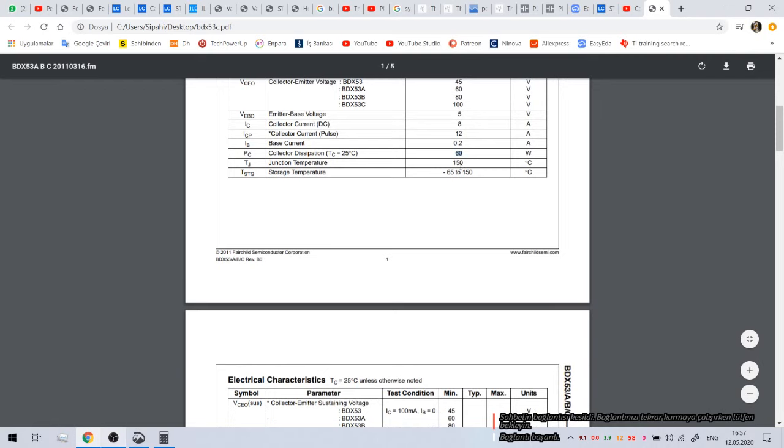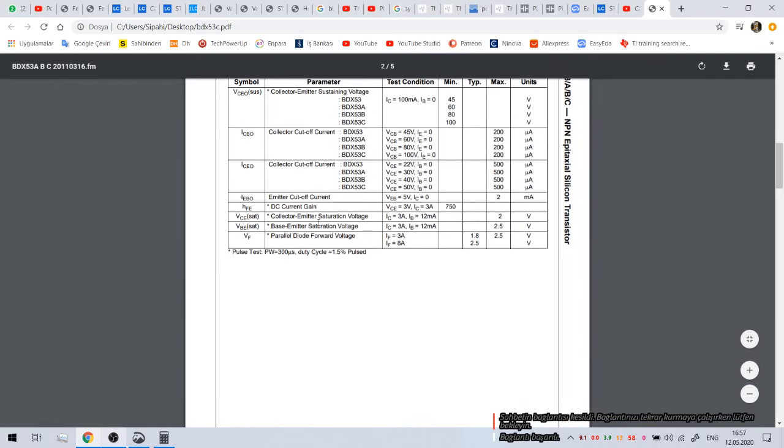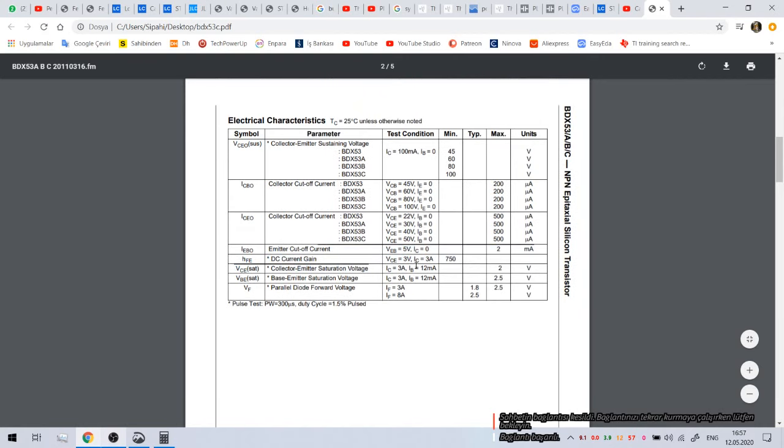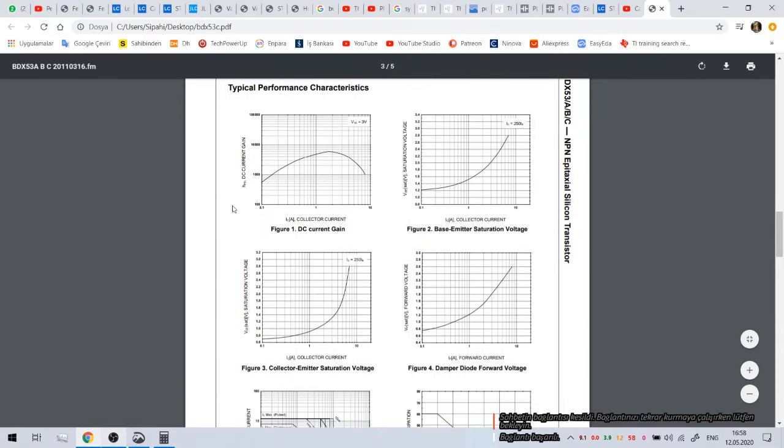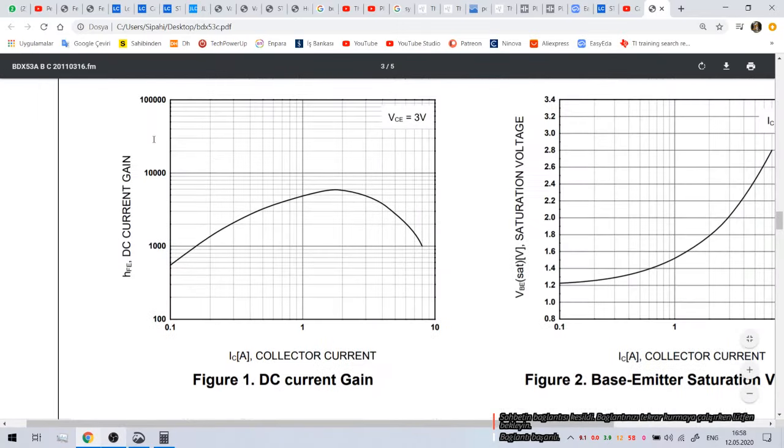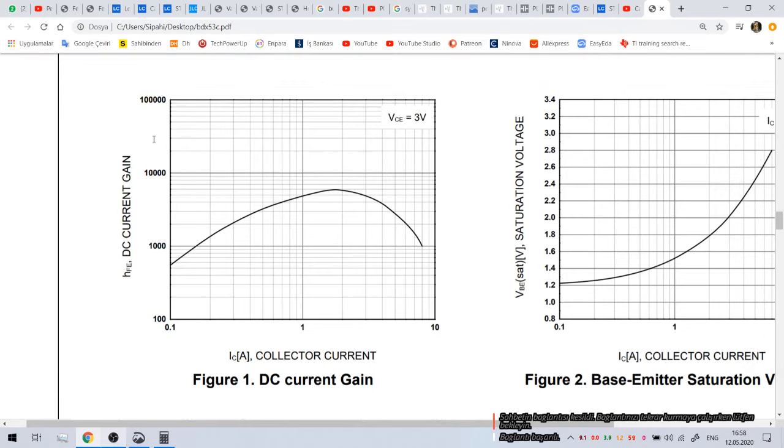Going to the datasheet, you can see HFE, the DC current gain, at VCE 3 volts, IC 3 amp, is 750. It is a very high rating. You can see the minimum here, and also HFE is not constant. It differs with collector current. It can go higher and higher around 2 amp.